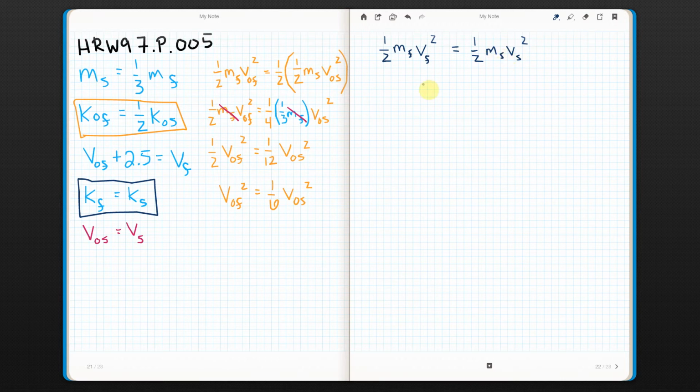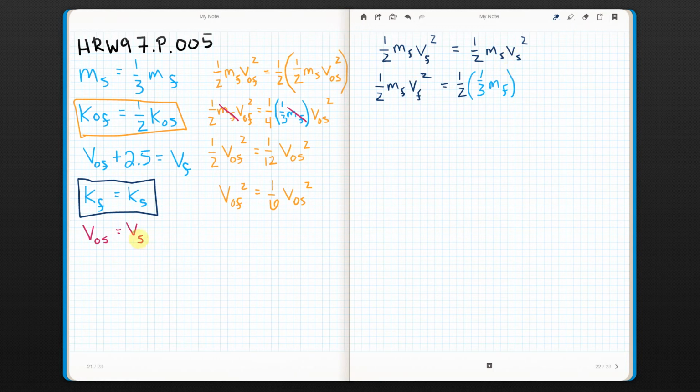I'm going to do that thing again where I keep this side the same. Sorry. Okay, 1/2. The mass of the son is 1/3 the mass of the father. Let's replace that.